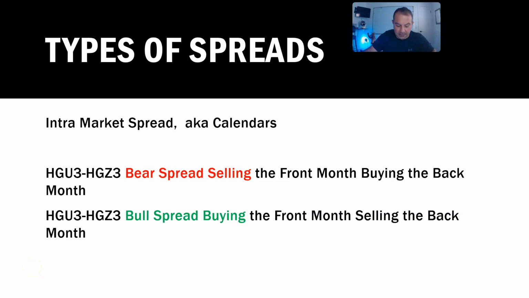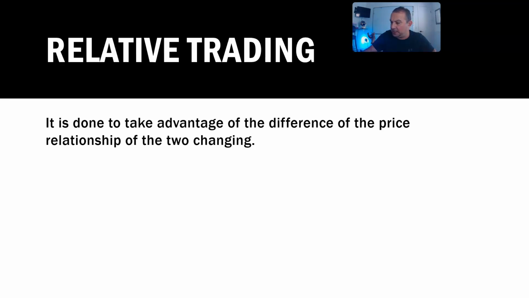Another thing before I get into showing charts, let me back up and explain one of the other goals in relative trading, and I hope this is explained well enough.